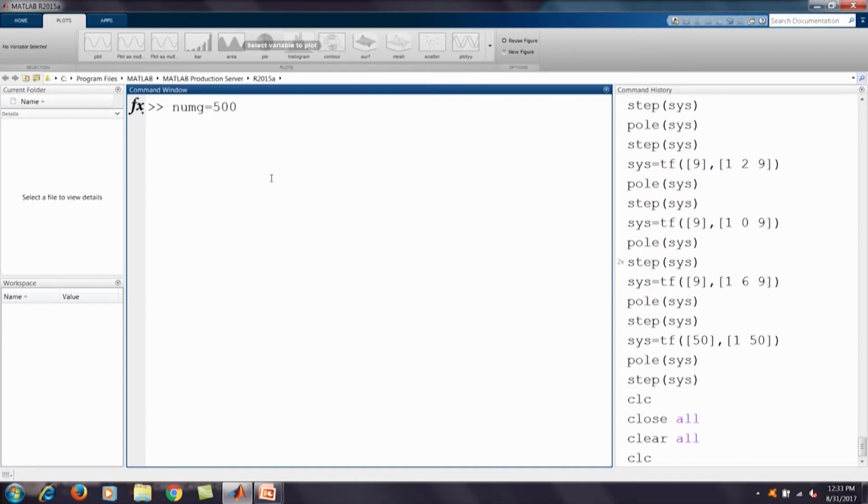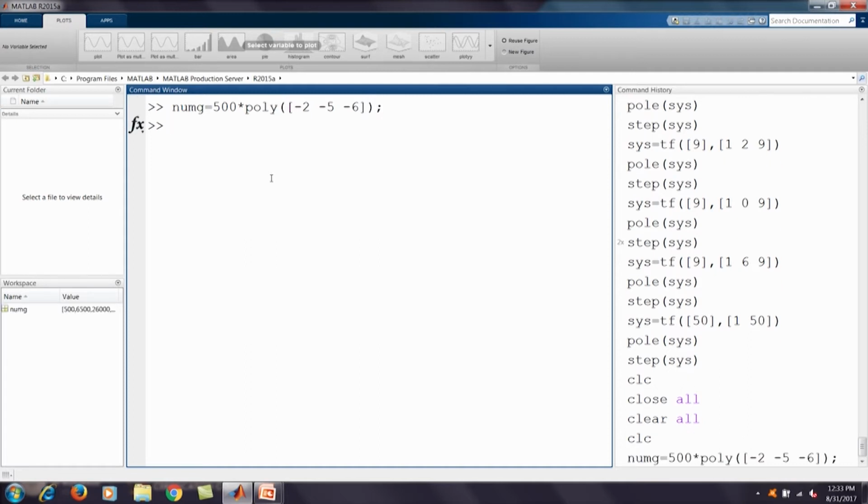So the numerator we are defining as 500 into the polynomial with roots minus 2, minus 5, minus 6.